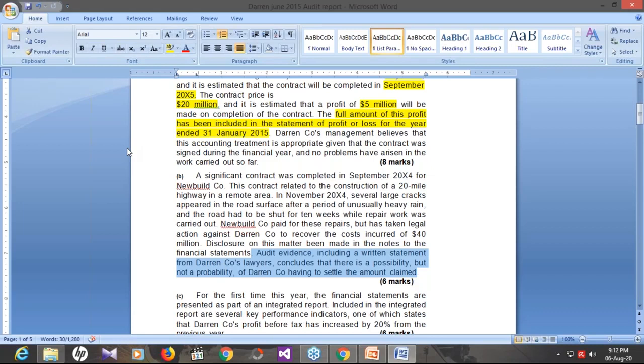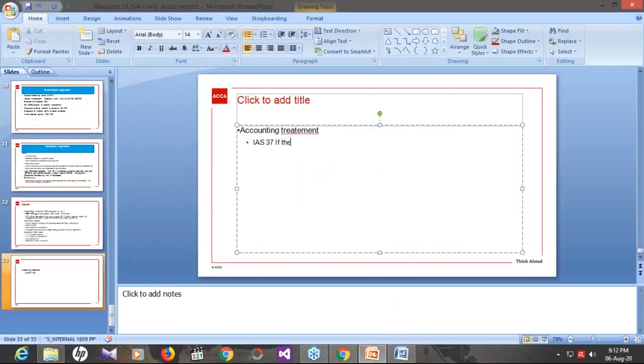So this means that if the outcome is possible rather than probable, then we need to disclose the matter in the financial statements.